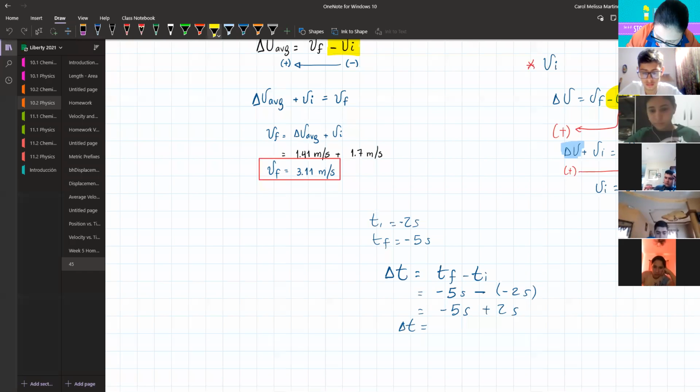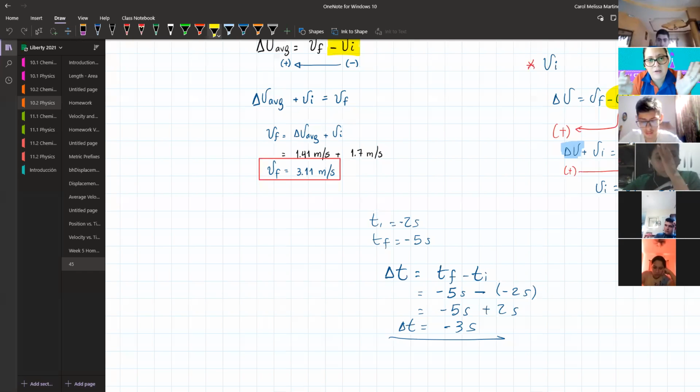So take a look, the change in time here is different. There's a difference of a negative, and that negative can make a huge difference in your answer. So always, even if it's easier sometimes the other way, try to respect the formula: final minus initial, always like that. And if this gives you a negative symbol, respect the symbol.